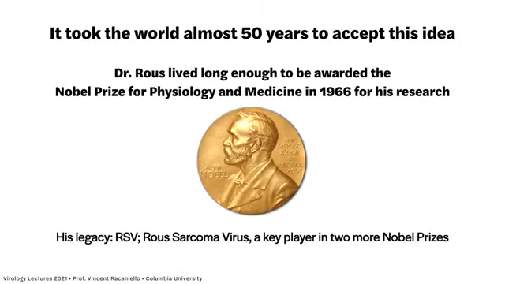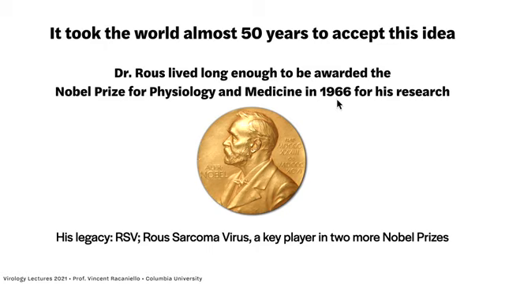Nobody believed him for 50 years, basically. Well, a little bit less. He got the Nobel Prize in 1966, and I've already told you this is the longest incubation period ever for a Nobel Prize. He discovered a virus called Rous sarcoma virus. It's named after him. Not only did he get this Nobel Prize for it, but people finally came around to understanding. In fact, he left the field after a while.